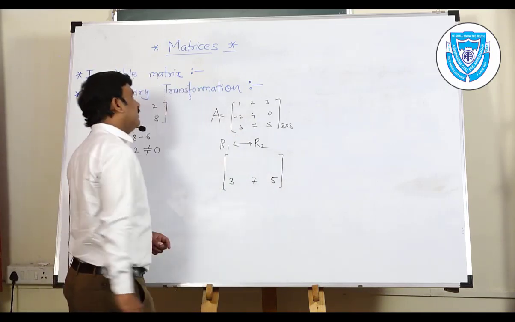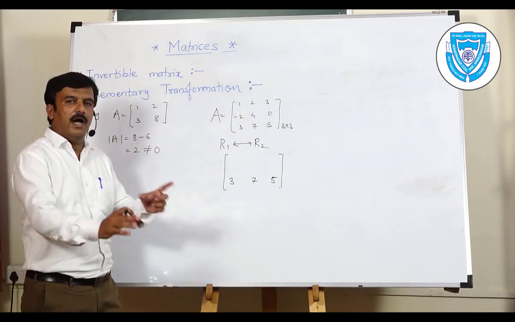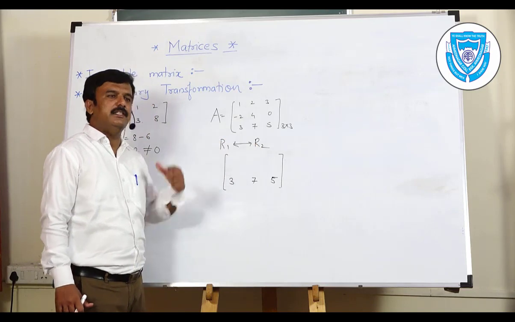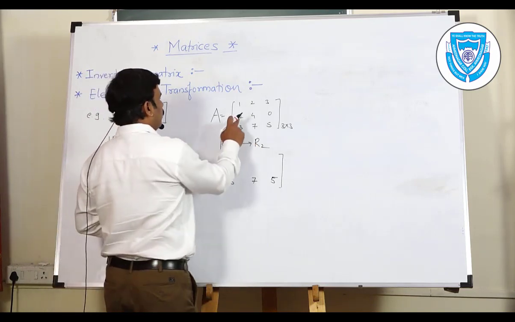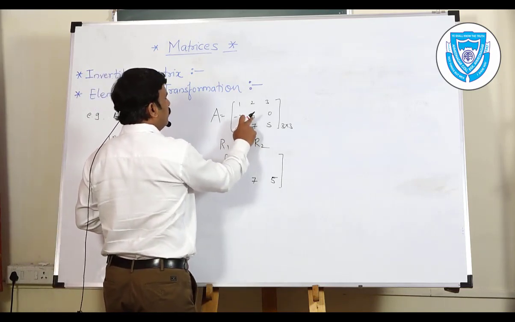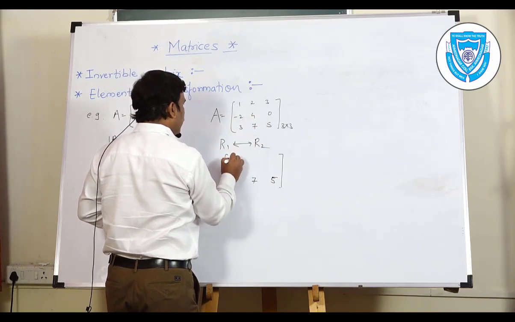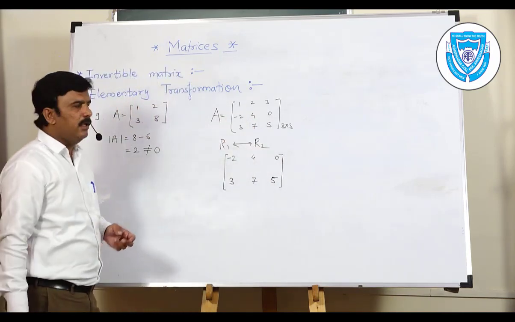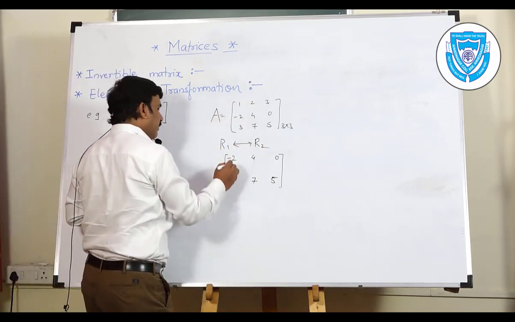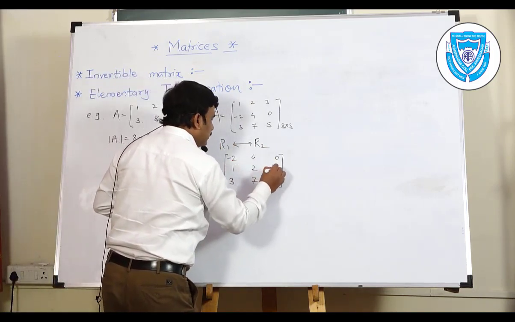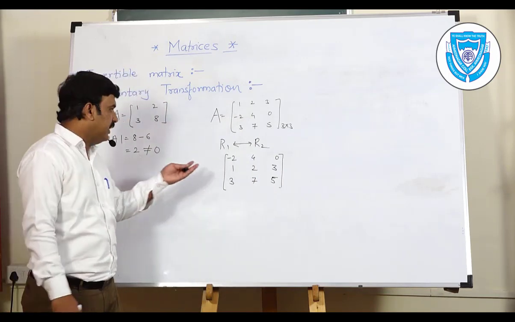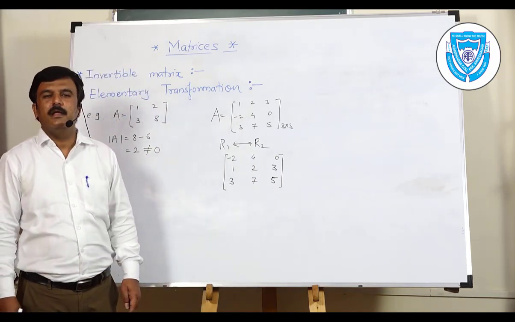We just interchange the first two because we are performing the operation on R1 and R2. The second row, minus 2, 4, 0, will become the first row, whereas 1, 2, 3 will become the second row. This is how, as per requirement and convenience, we can interchange rows.